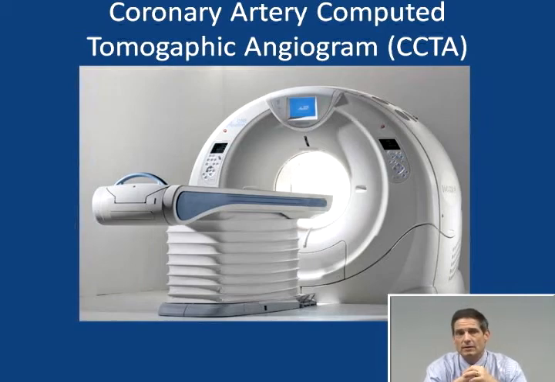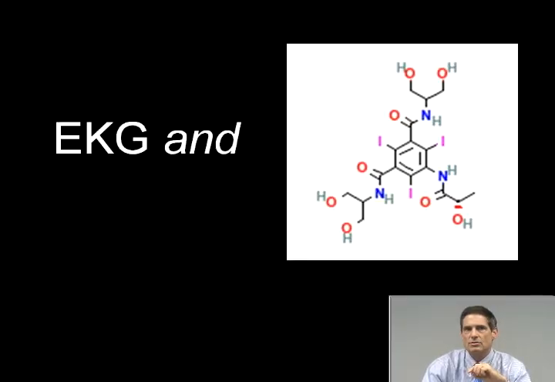Another way of obtaining information, and this is a new evaluation still in process, is a coronary artery CT angiogram, or CCTA. In this study, you use an EKG to gate the information as you obtain it, and you also use IV contrast material.